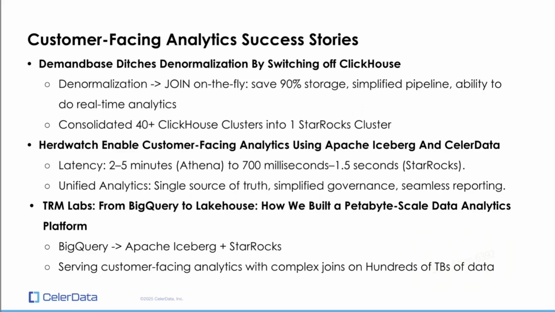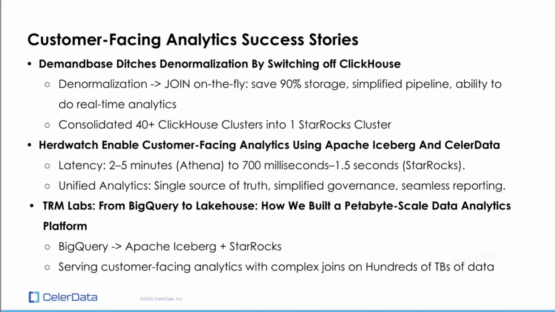And second is HerdWatch, enabling customer-facing analytics directly on Apache Iceberg. Going from Athena to StarRocks, latency went from 2 to 5 minutes to basically sub-second. They were able to unify everything on Apache Iceberg, with a single source of truth and simplified data governance.